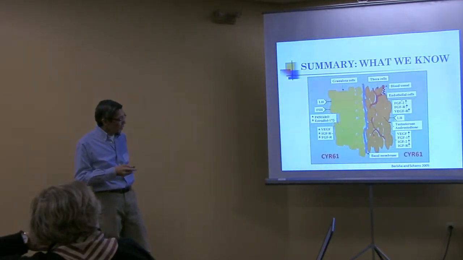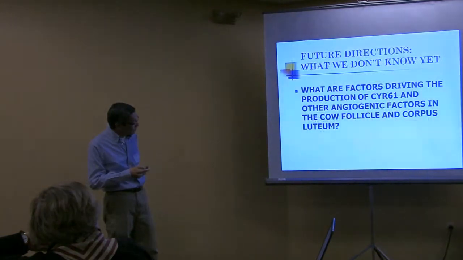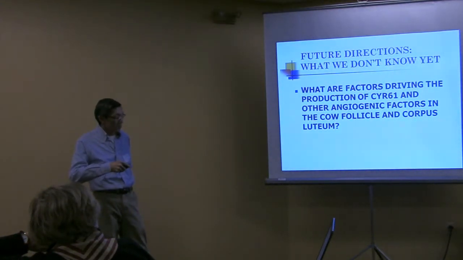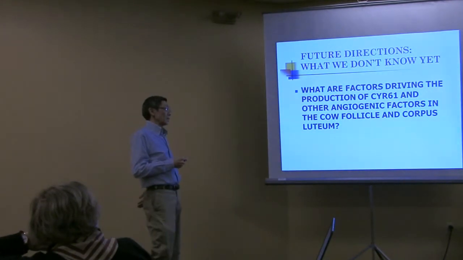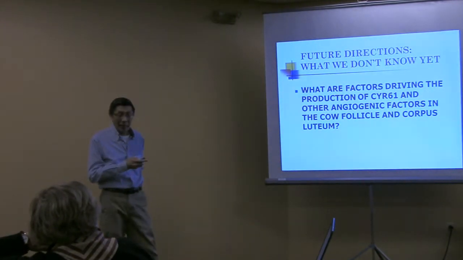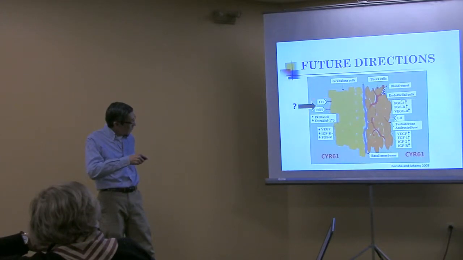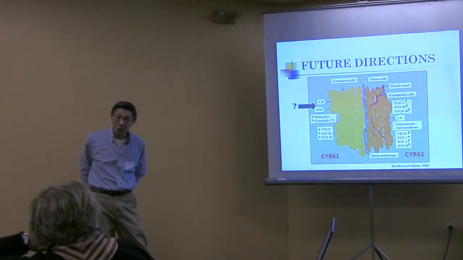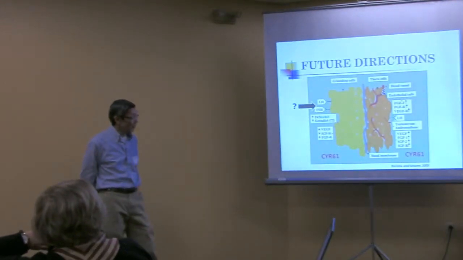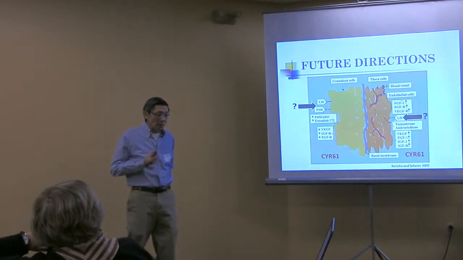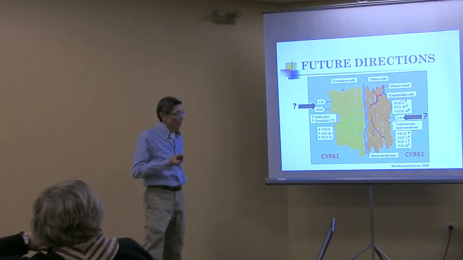Now, what we don't know yet is what's actually driving the production of the CYR61, as well as the other angiogenic factors in the cow follicle and corpus luteum. So in other words, what does LH and FSH, LH standing for luteinizing hormone, FSH standing for follicle stimulating hormone, these two hormones are the key regulators of follicle function.